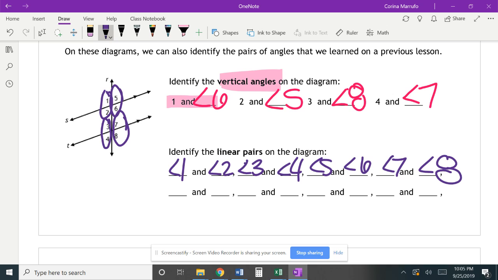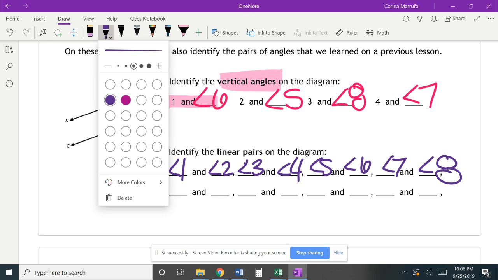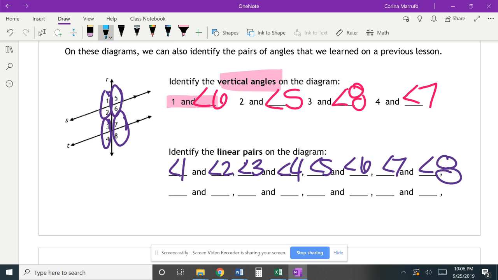And so now we are going to go in the other direction, okay? They're still on a line, but now we're looking at different lines. So angle 1 and angle 5 are both on line S. So we put angle 1 and angle 5 are a linear pair. Angle 2 and angle 6 are also a linear pair.